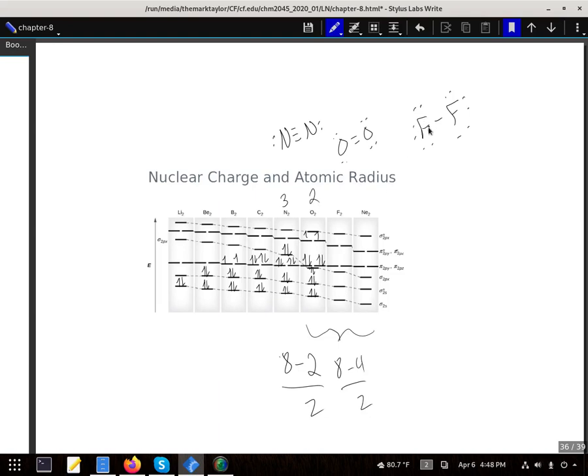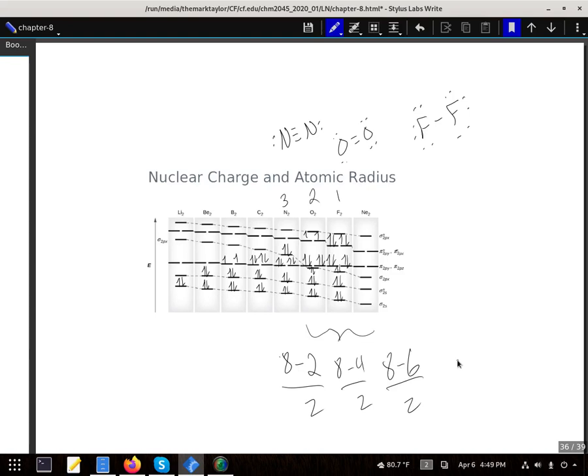And then diatomic chlorine, 1, 2, 3, 4, 5, 6, 7, 8, 9, 10, 11, 12, 13, 14. 8 minus 6 over 2, bond order of 1. And then if I were to do neon, everything fills. This becomes 8 minus 8 over 2. But we can use that to break the bond order.